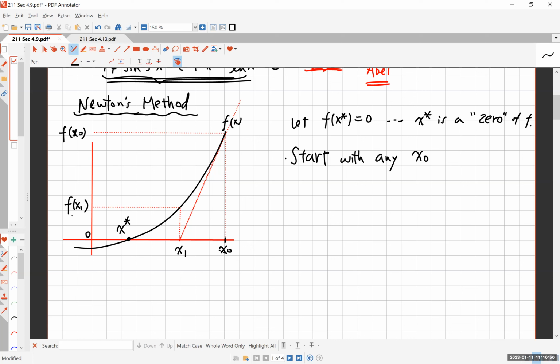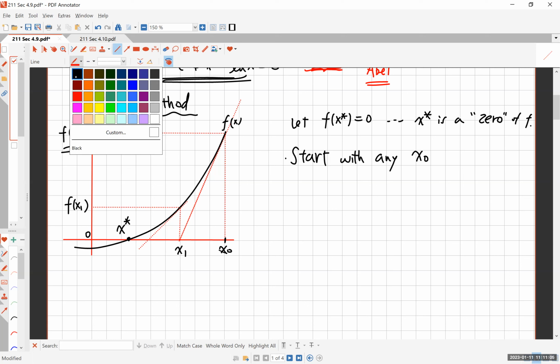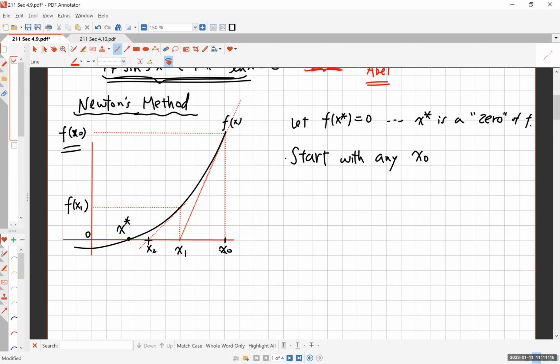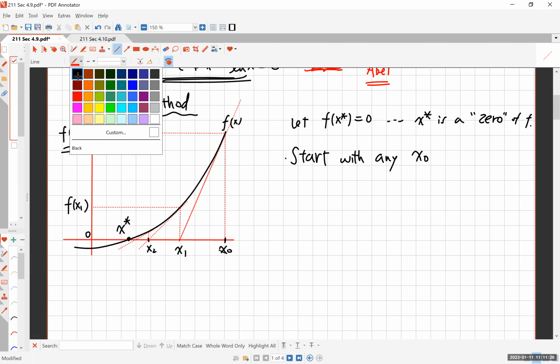All right, so here we'll draw a tangent line, and the tangent line at x1 is going to cross 0, or the x-axis at some point. And so we call this x2, all right? And now we are going to repeat and we evaluate f of x2, that's not 0. And then we will draw a tangent line at x2, and we will find the 0 of that tangent line, and we will call this x3.